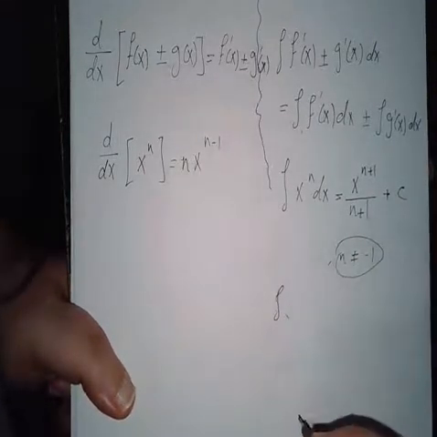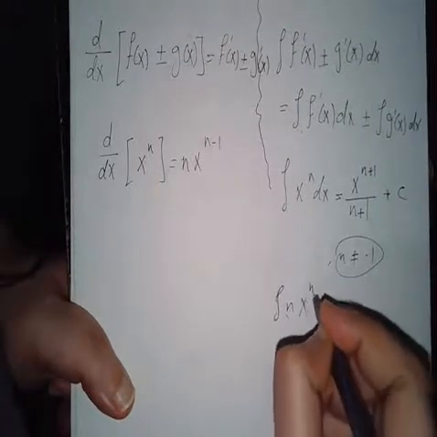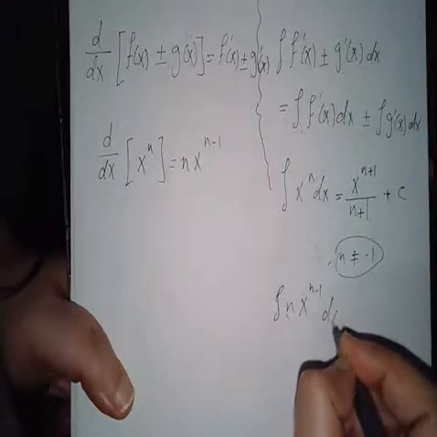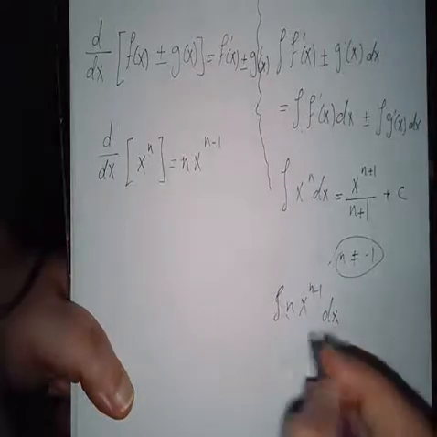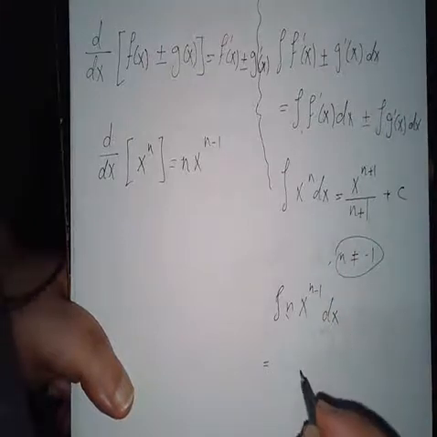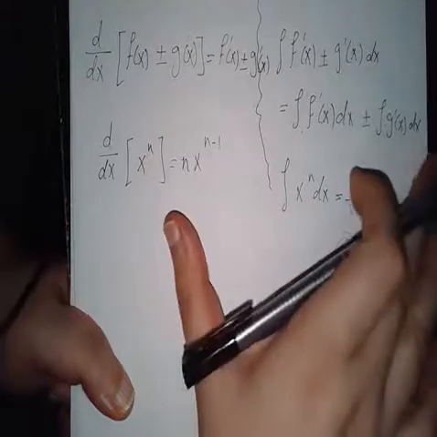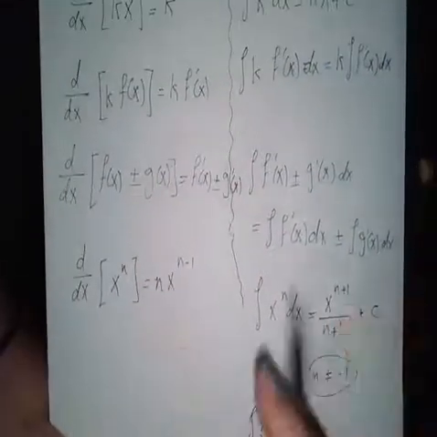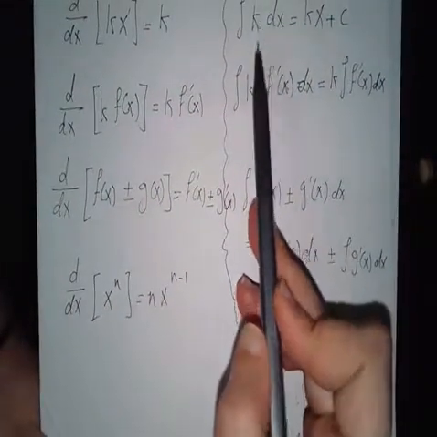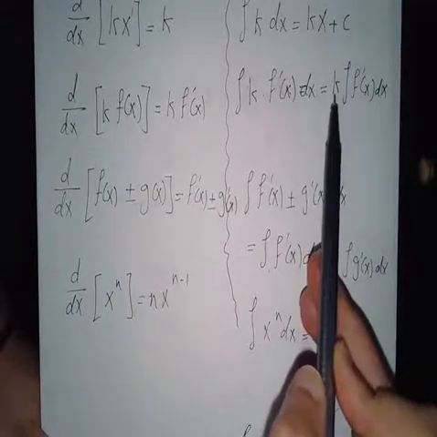So here we go. The integral of n times x to the n minus 1 dx. Following a rule we saw above, the coefficient gets carried out.